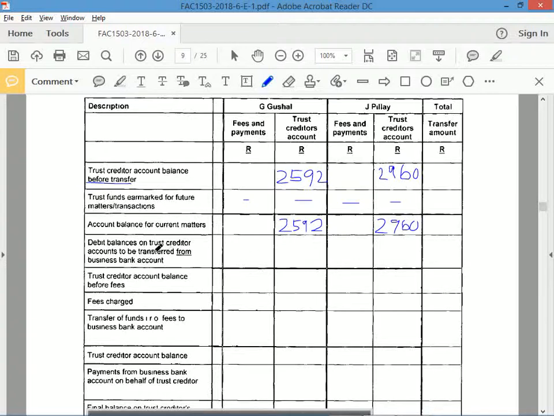Debit balances on trust creditor accounts to be transferred from the business bank account. There's none. We didn't transfer anything from the business bank accounts. Trust creditor account balance before fees. So that would have been the 2592 again. Write down the same figure.